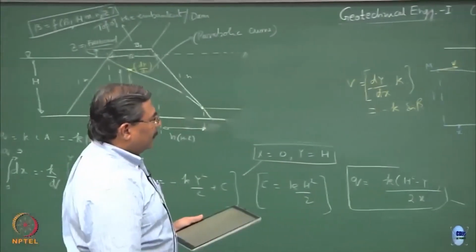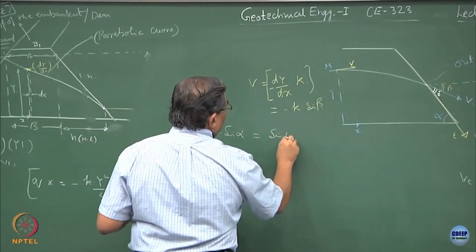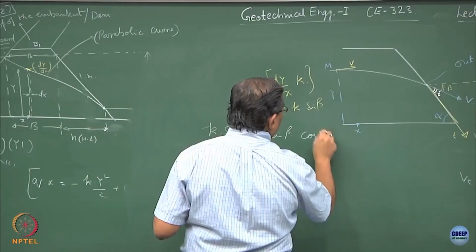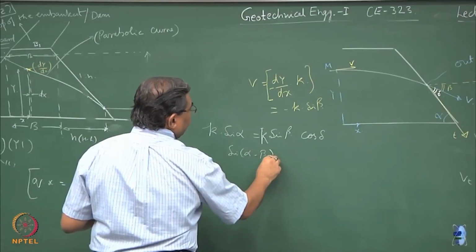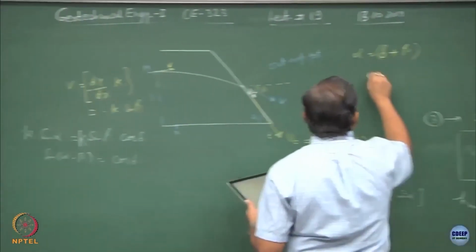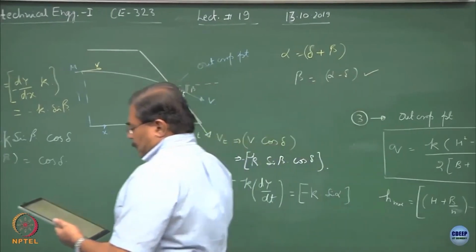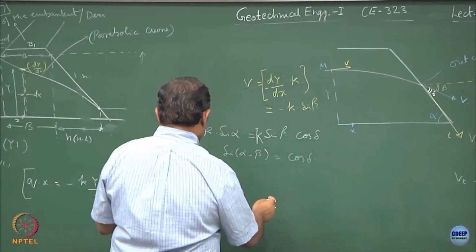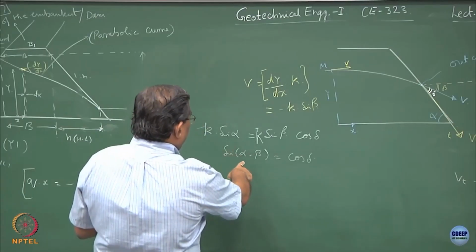So if I go for the equality of the two, k into sin alpha equal to sin beta k into cos of delta, where I can write sin alpha minus beta equal to cos delta, beta will be equal to alpha minus delta. So I can say that this function, now I have done a, sorry.